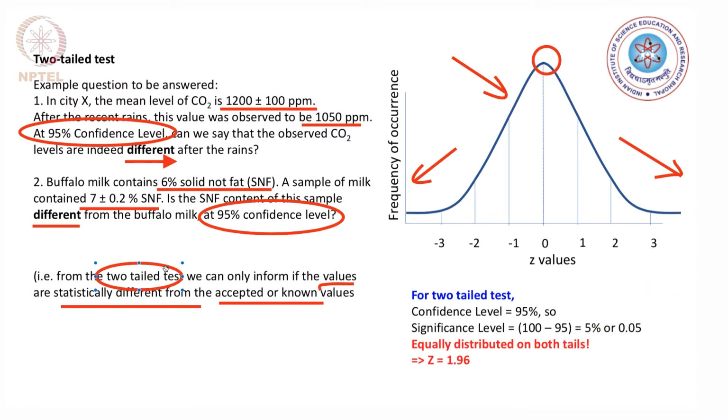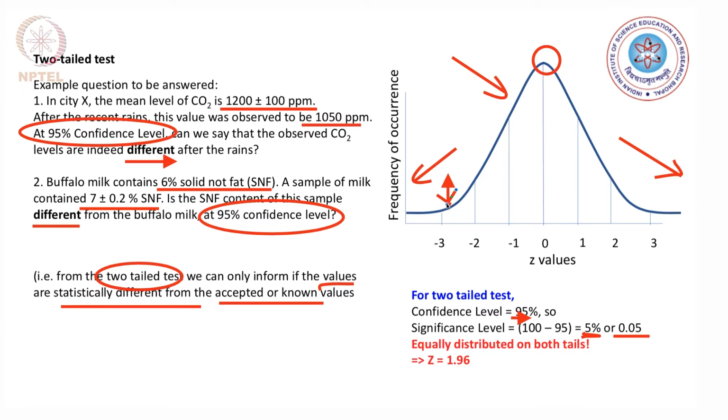And for the two-tailed test at 95% confidence level, what we imply is that the significance level is 5%, which is nothing but 100 minus 95, or if we write it in terms of decimals, it is 0.05. But this 5% significance region is distributed evenly on the two tails of the Gaussian profile shown here.